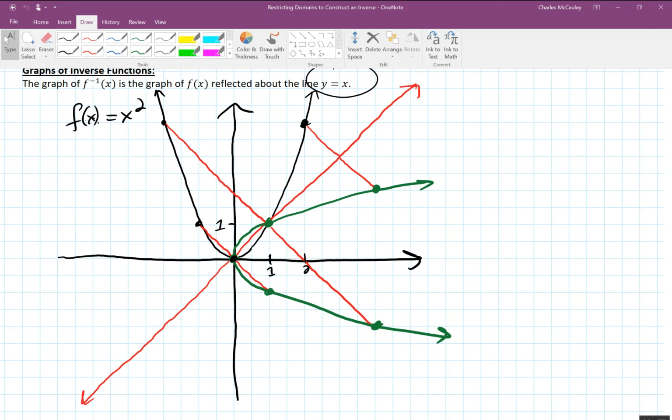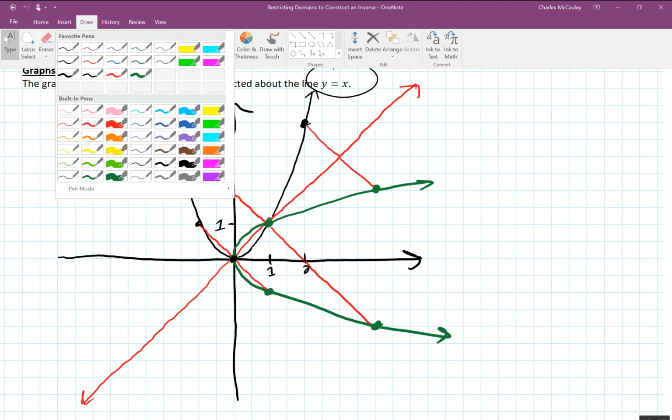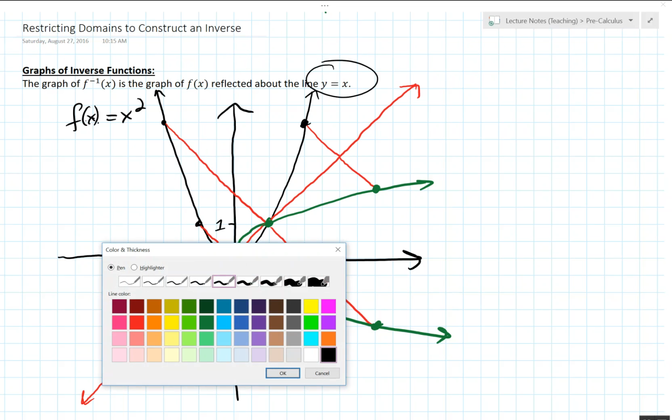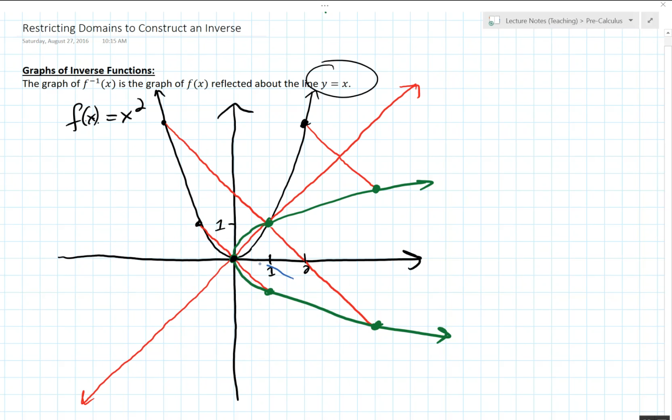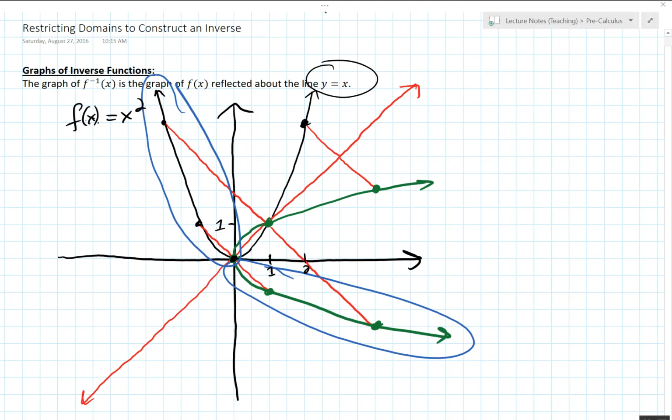And notice that all the extra stuff that we don't want is down here at the bottom. So let me pick a different color. Let's do blue. All the extra stuff we don't want is coming from this branch of the sideways parabola.